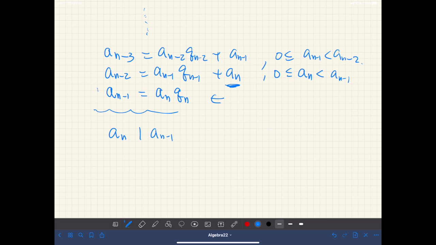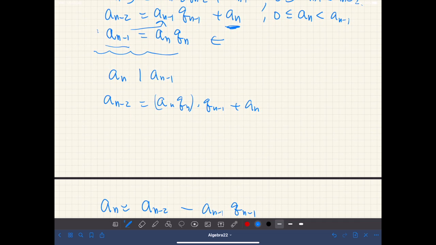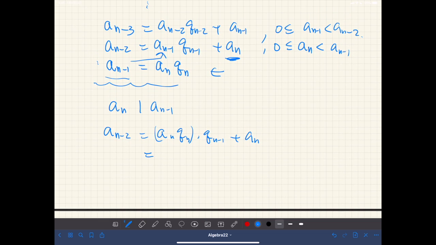And if we substitute this An-1 into here, we can see that An-2 is An qn times qn-1 plus An, so we factorize by An. This means An divides An-2.